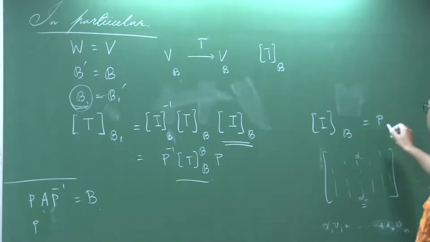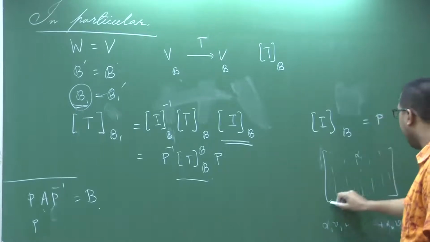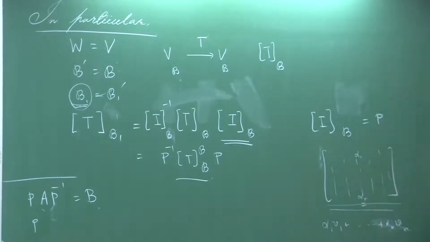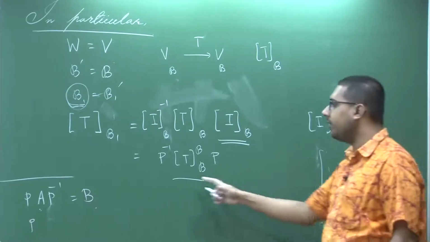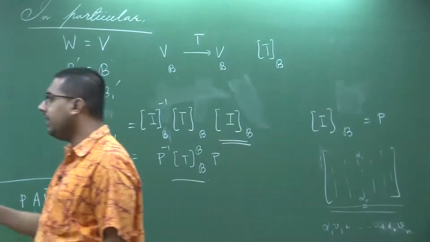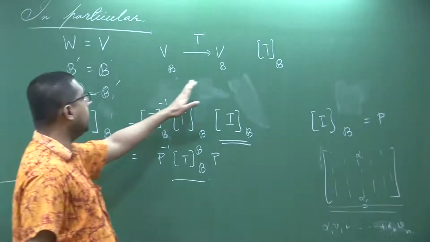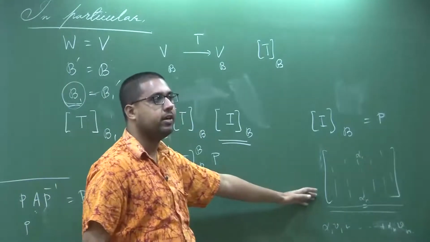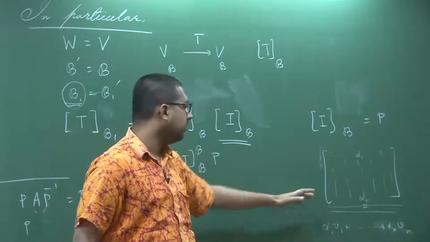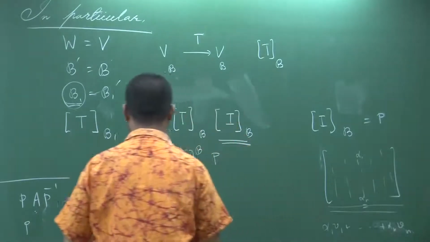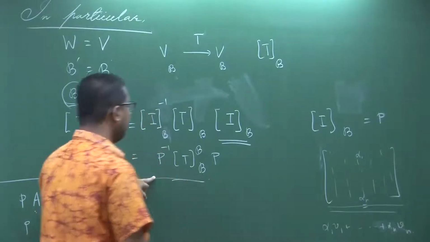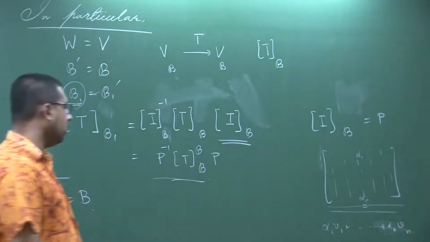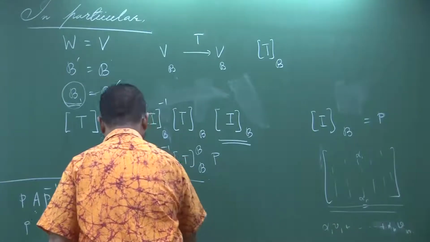If we are given T_B and now an invertible matrix, can we find a basis B prime such that with respect to B prime the matrix of T is going to be this? So, the question is regarding the converse.